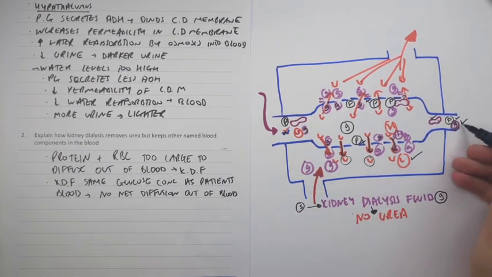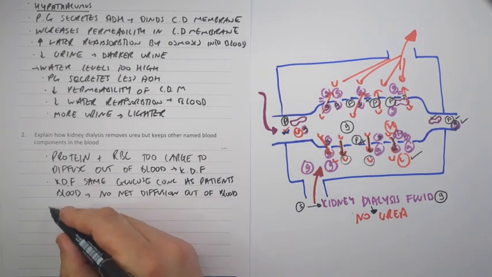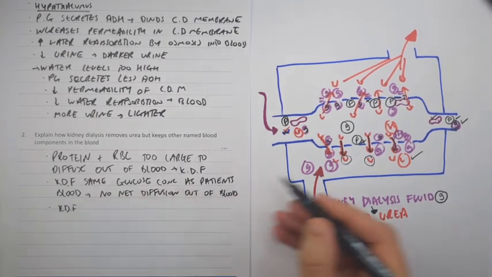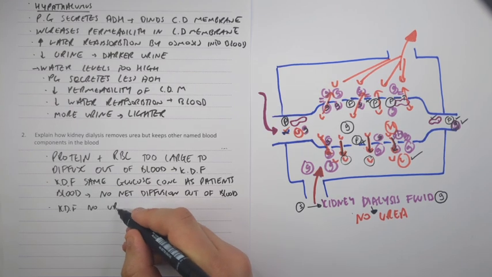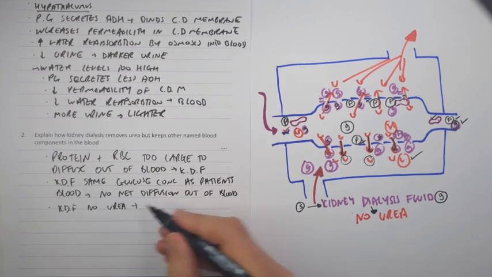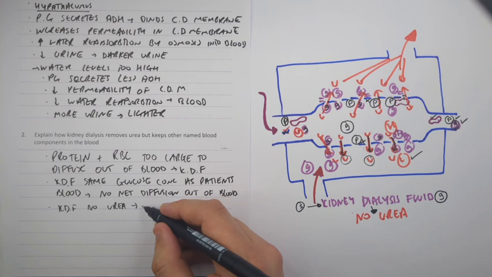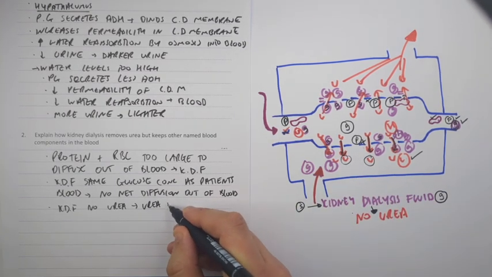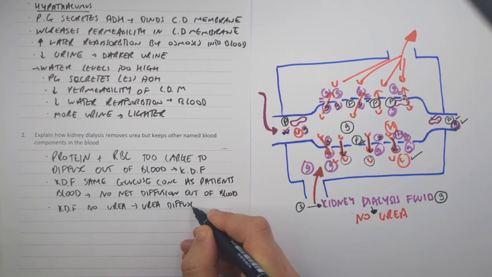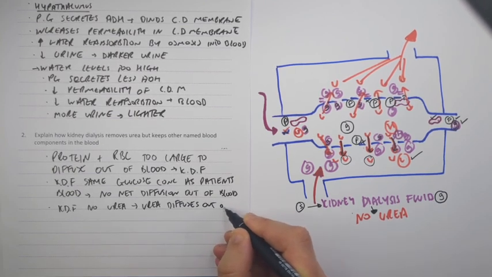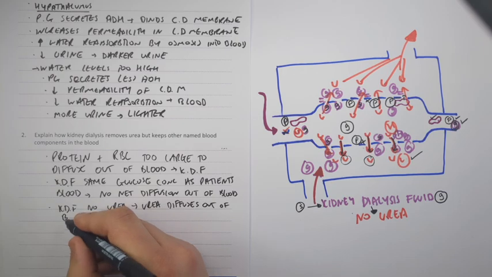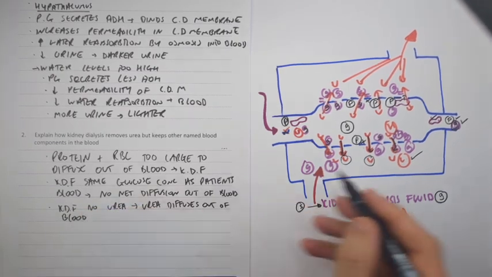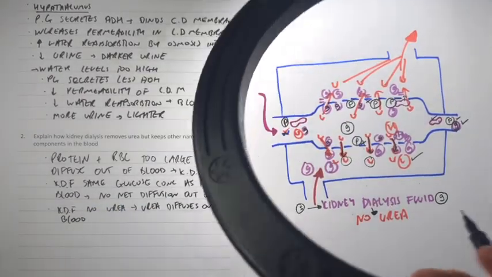So the glucose remains in the blood because there's no net diffusion. Kidney dialysis fluid has no urea. That is so that the urea diffuses out of blood into the kidney dialysis fluid.